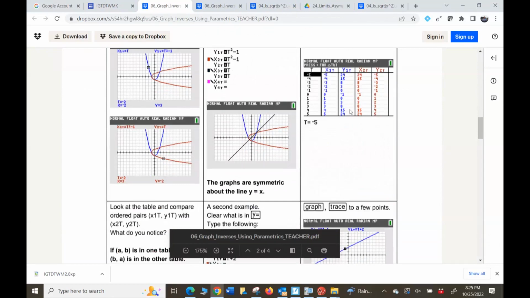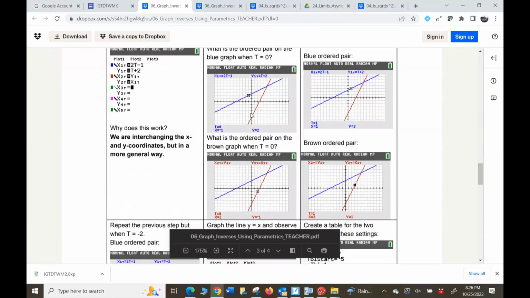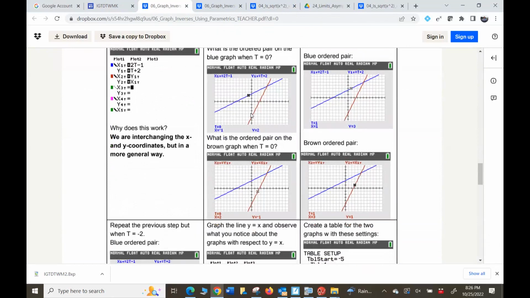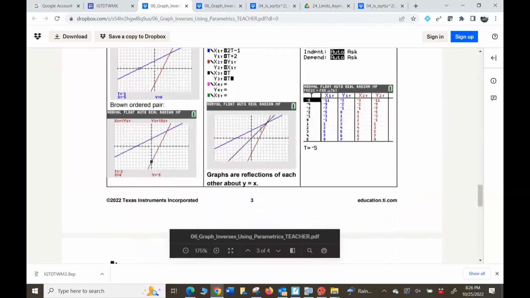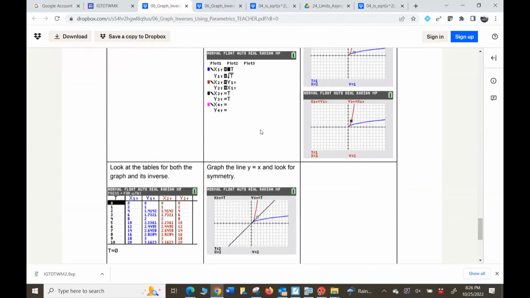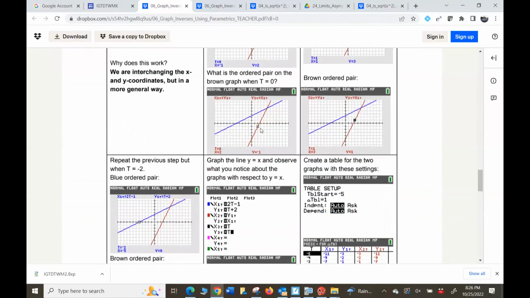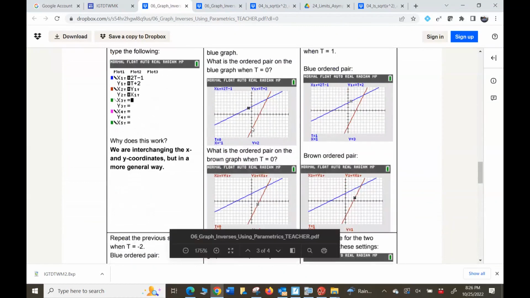They're symmetric about the line y equals x. And all the screenshots are dropped in. I should tell you that the student sheets are either one side of a paper or two sides of a paper, but the teacher notes and solutions could go on and on. So for example, this one goes on for 4 pages because I want to illustrate all these different things that we're doing here. So hopefully this is something that you can use with your students.